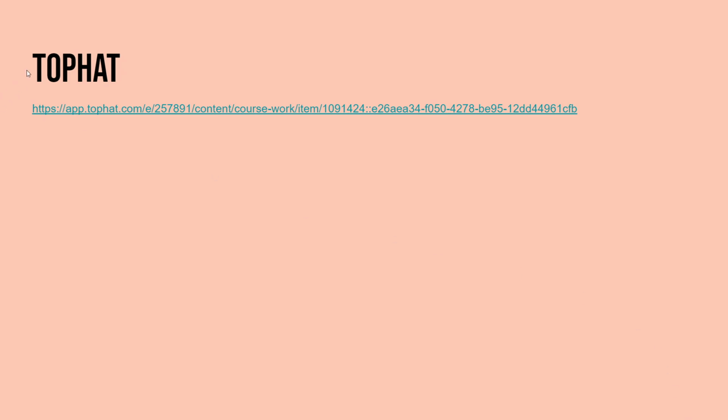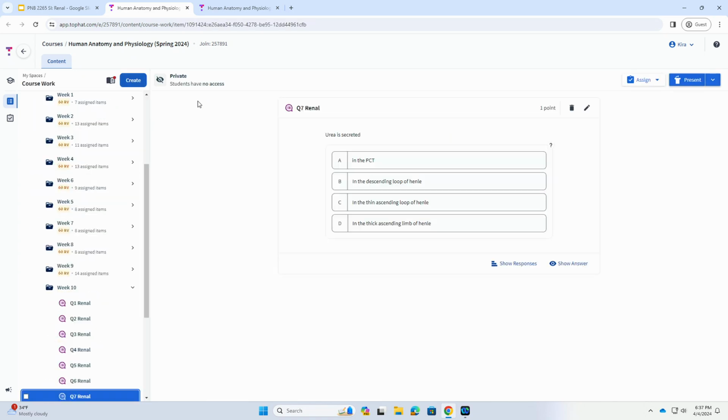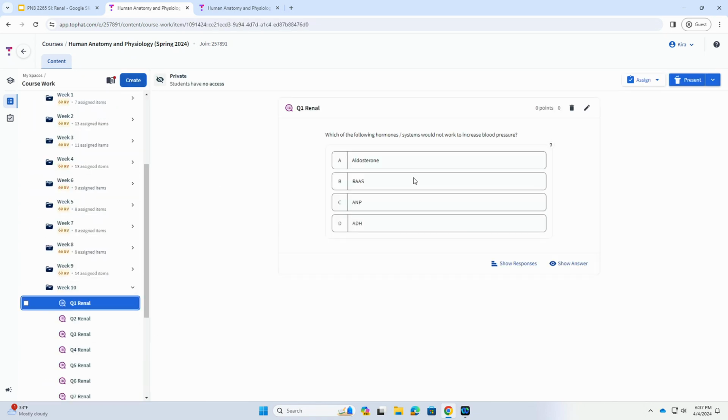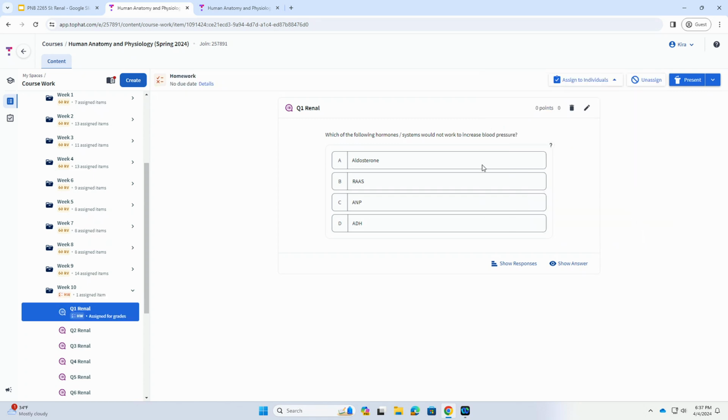Okay, so I have some top hat questions. First one: which of the following hormones or systems would not work to increase blood pressure?